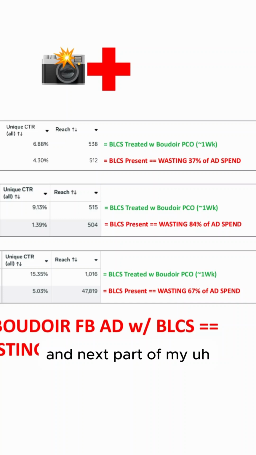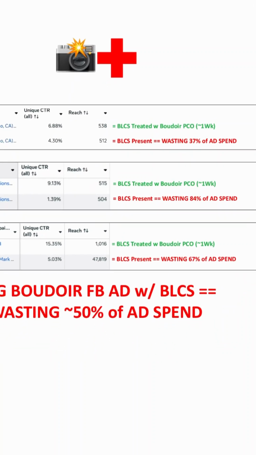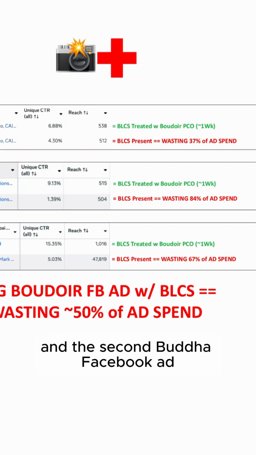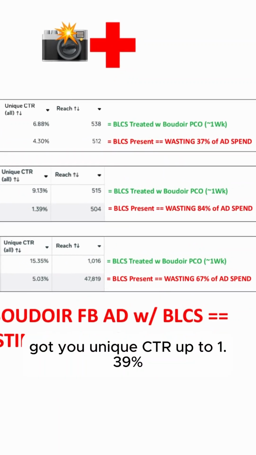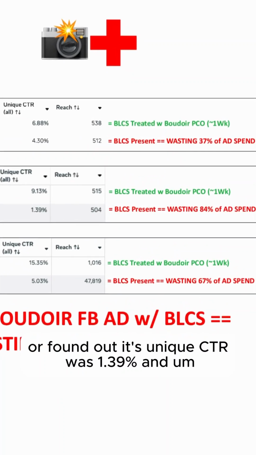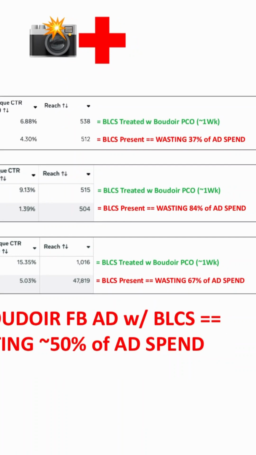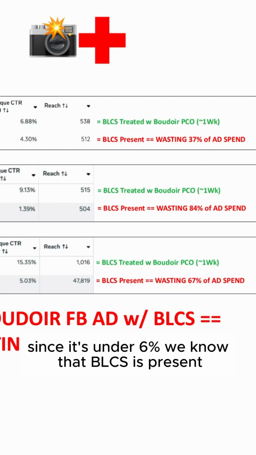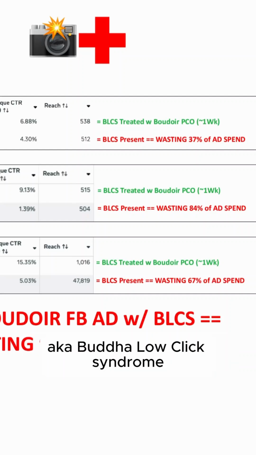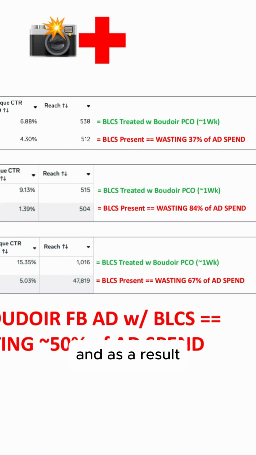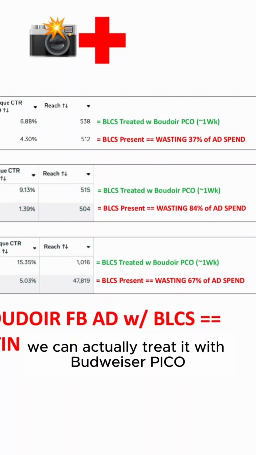And next part of my residency, the second Boudoir Facebook ad, we found out its unique CTR was 1.39%, and since it's under 6%, we know that BLCS is present, aka Boudoir low click syndrome, and as a result, we can treat it with Boudoir Pico.